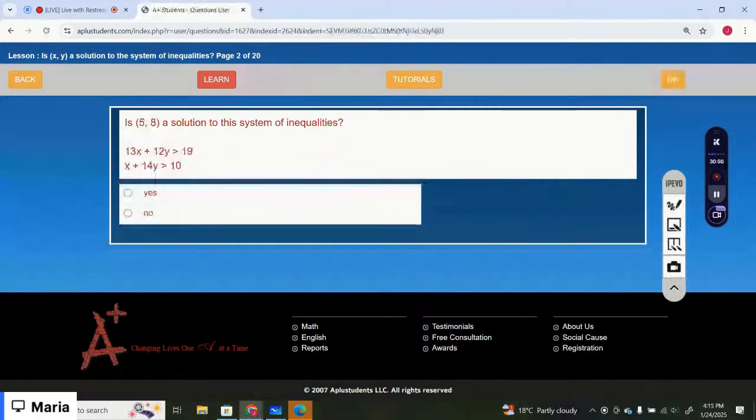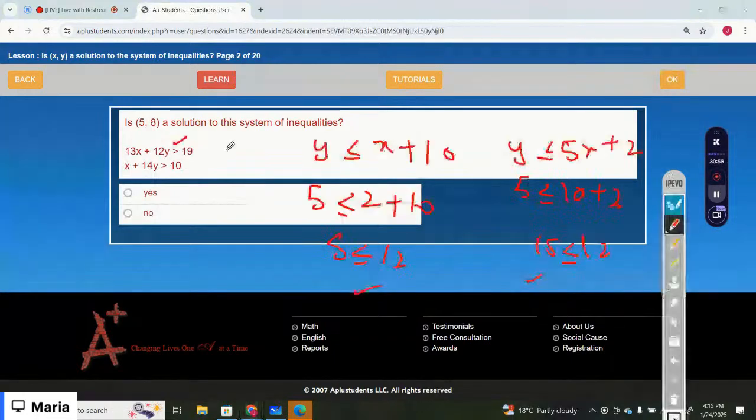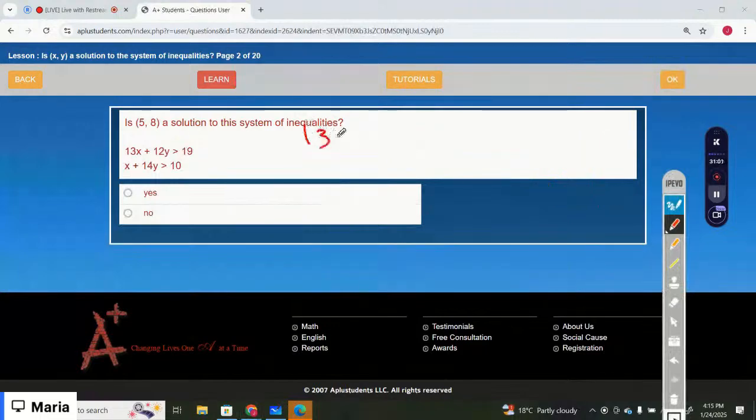Is (5, 8) a solution of the system of inequalities? So the first inequality is 13x plus 12y is greater than 19, and the second one is x plus 14y greater than 10.